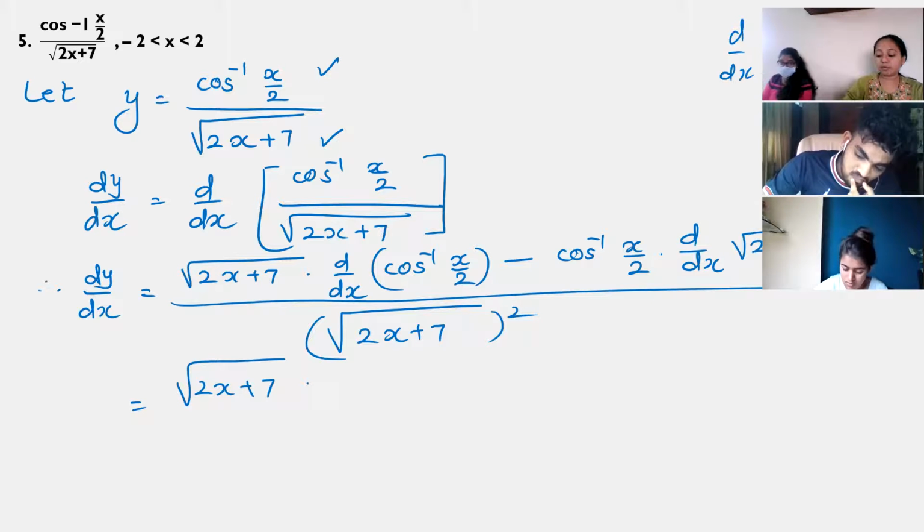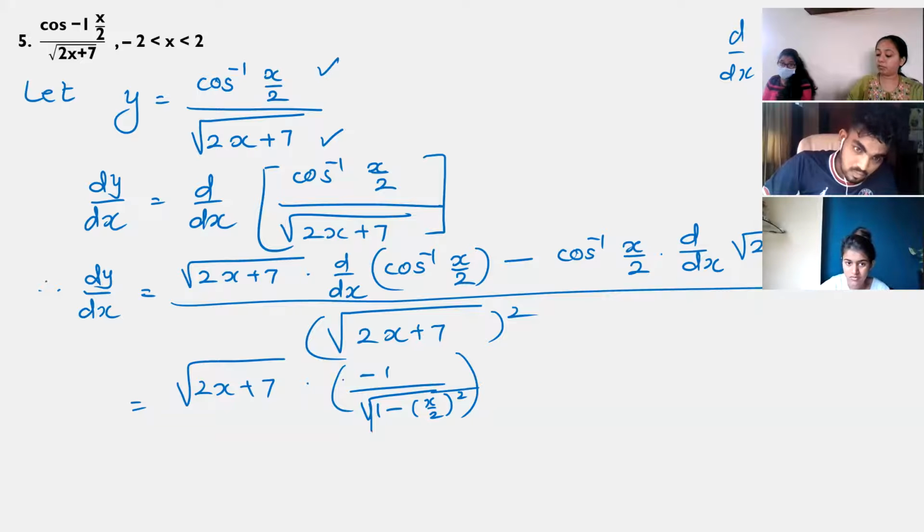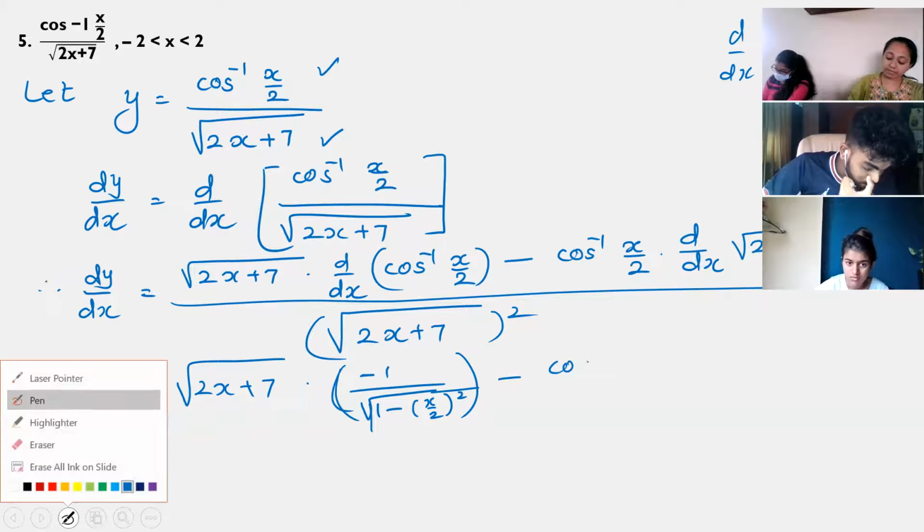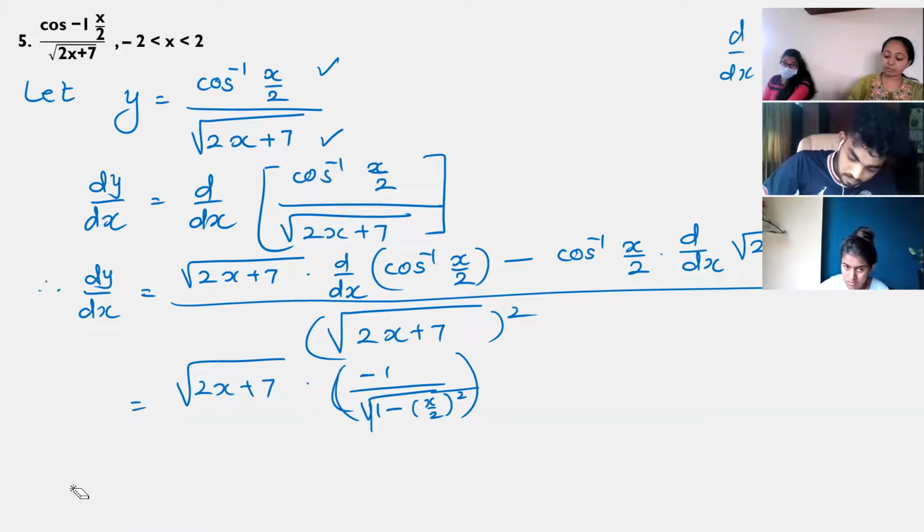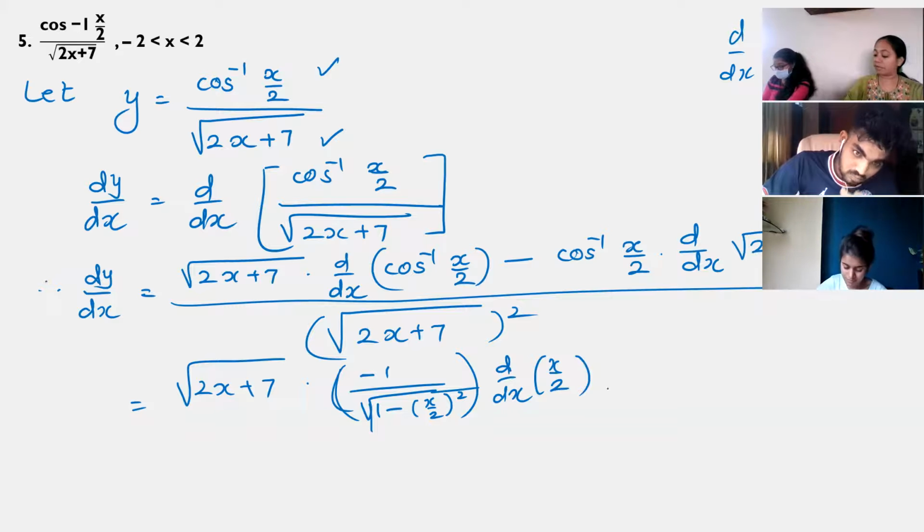d by dx of cos inverse x is minus 1 by under root of 1 minus x squared. Same way, we are going to apply this: minus 1 by under root of 1 minus, but it's not x, it's x by 2, so x by 2 whole squared. Again, the chain rule must be applied, since it is x by 2, so we have to do the differentiation of x by 2.